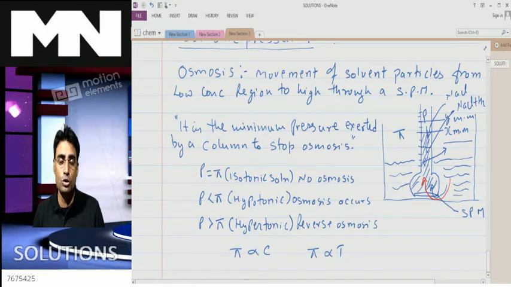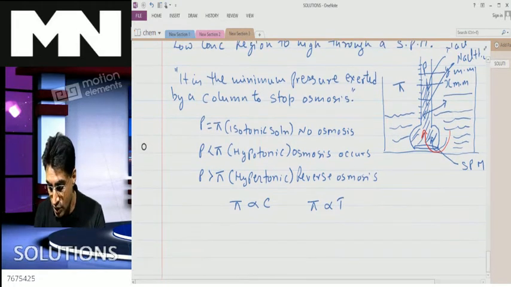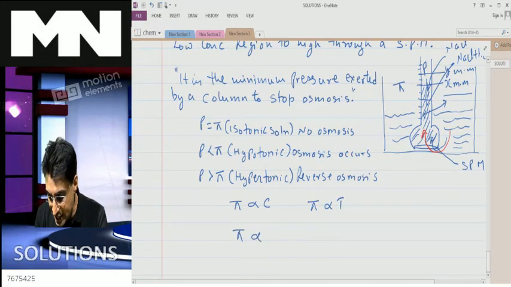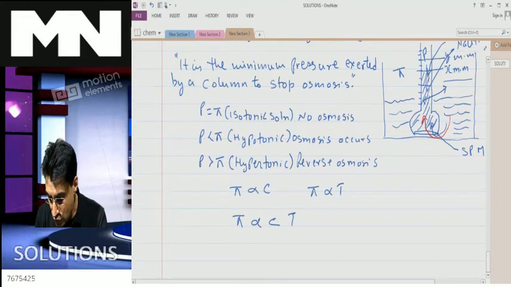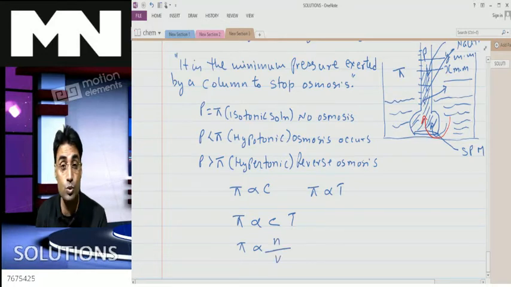So we can say osmotic pressure is directly proportional to the concentration and osmotic pressure is directly proportional to the temperature. That means osmotic pressure is directly proportional to concentration into temperature. That means osmotic pressure is proportional to number of moles per unit volume. This is what the concentration is.